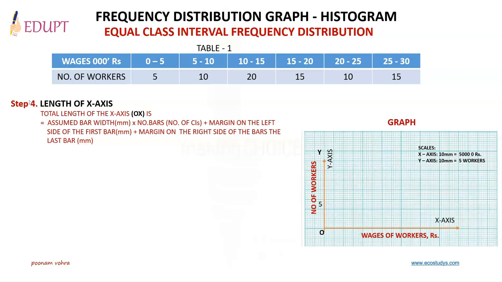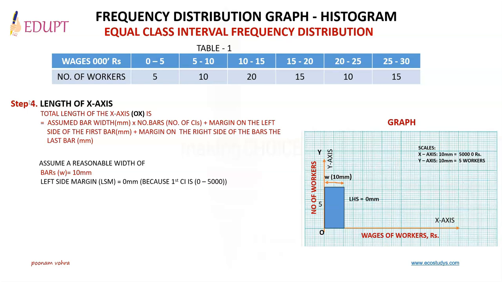Total length of x-axis, that is OX, would be assumed bar width, which will be in millimeters, into number of bars to be made, plus margin on the left side of the first bar, plus margin on the right side of the bars for the last bar. So we assume a reasonable width, which is 10 millimeters.